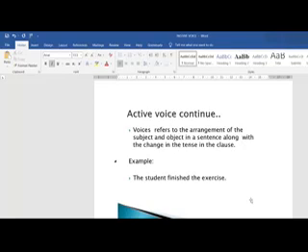Suppose it is written: the student finished the exercise. Here, finished the exercise is written in the past. The action happened in the past. It is not in the present. It is neither continuously being done, nor in the present, but something which has been done in the past.